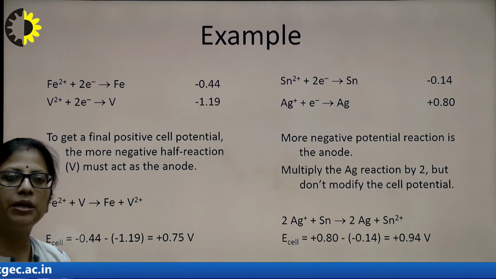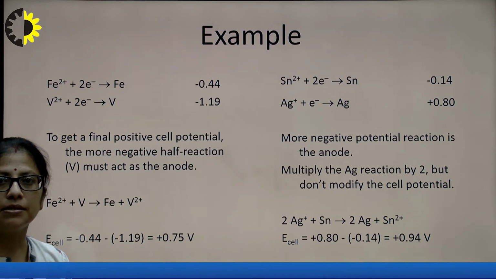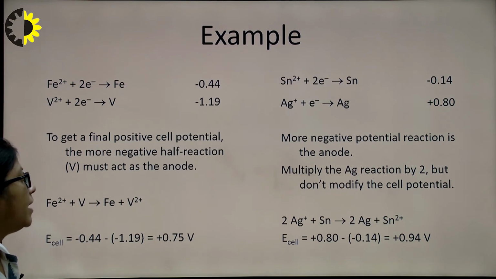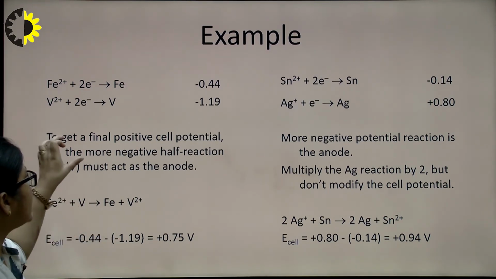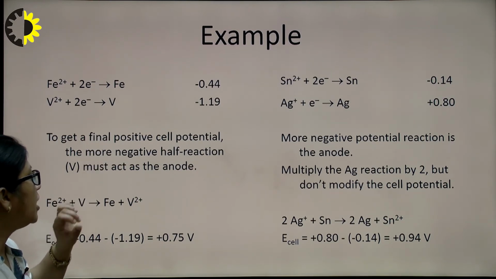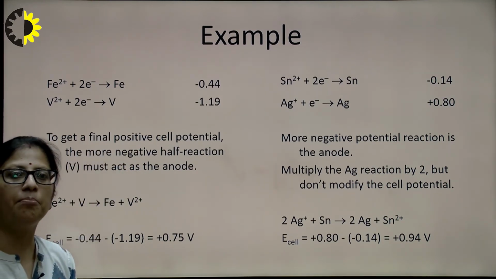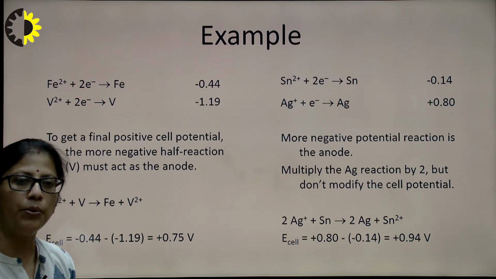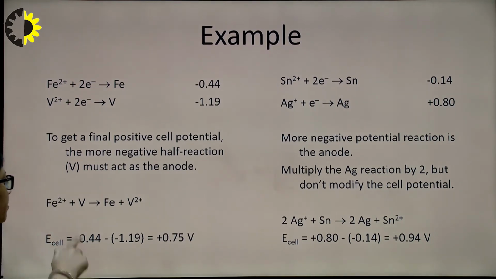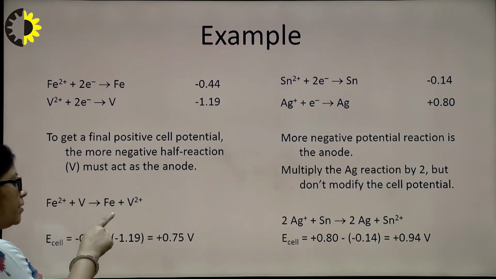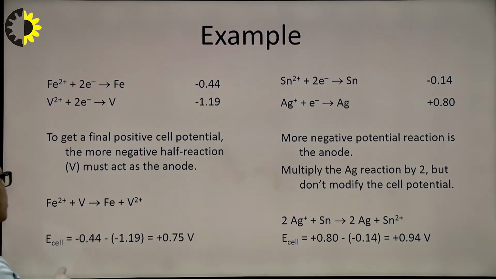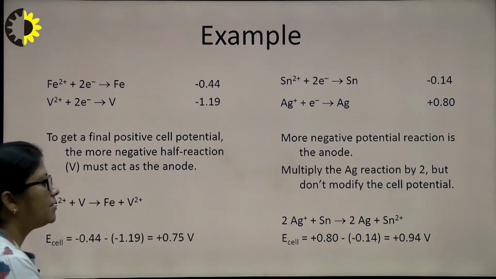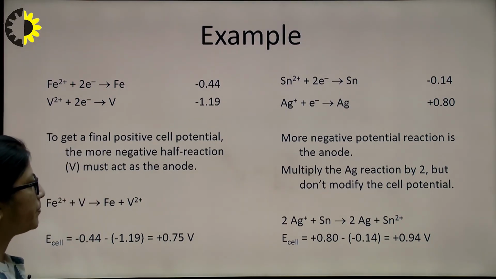Otherwise, we are going to get the answer in the minus, and that shows that the cell will not exist. So, to get a final positive cell potential, the more negative half cell must act as the anode. So, here the equation becomes iron undergoes reduction, whereas vanadium undergoes oxidation. So, the E cell comes out to be plus 0.75 volts.